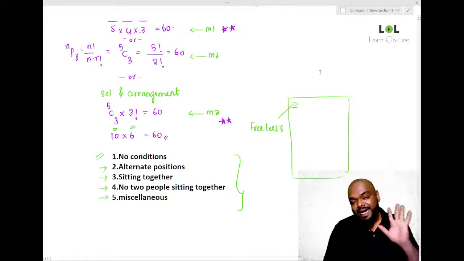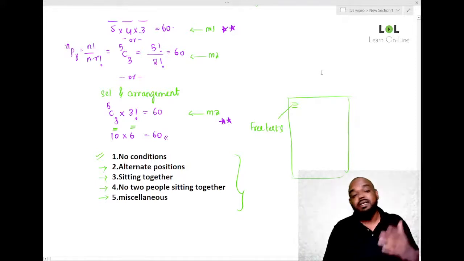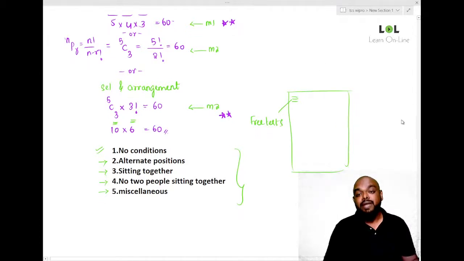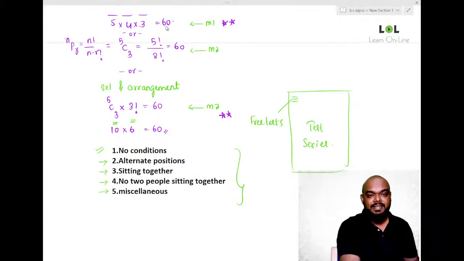We will give you 5 tests on time, speed and distance, and then time and work, and then percentages, permutation and combination, probability. For every single topic, guys, you will be getting the test papers. This is the update which I had to do in the previous class, which I could not, about the test series.